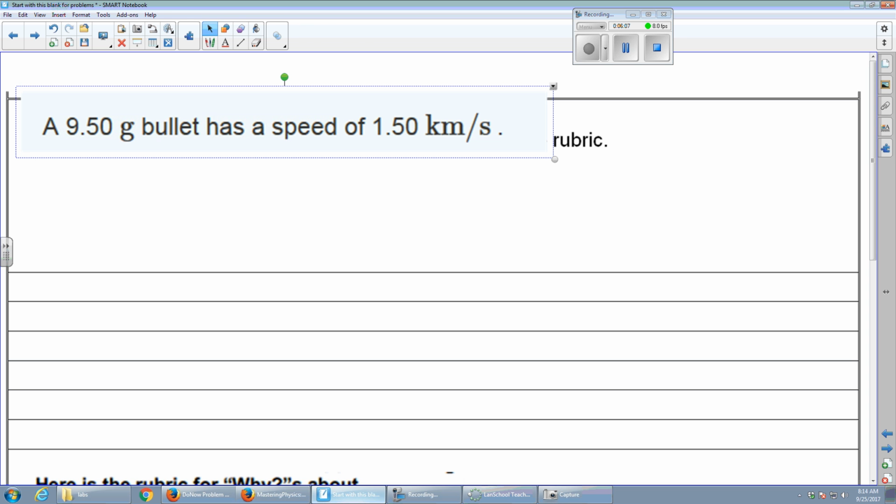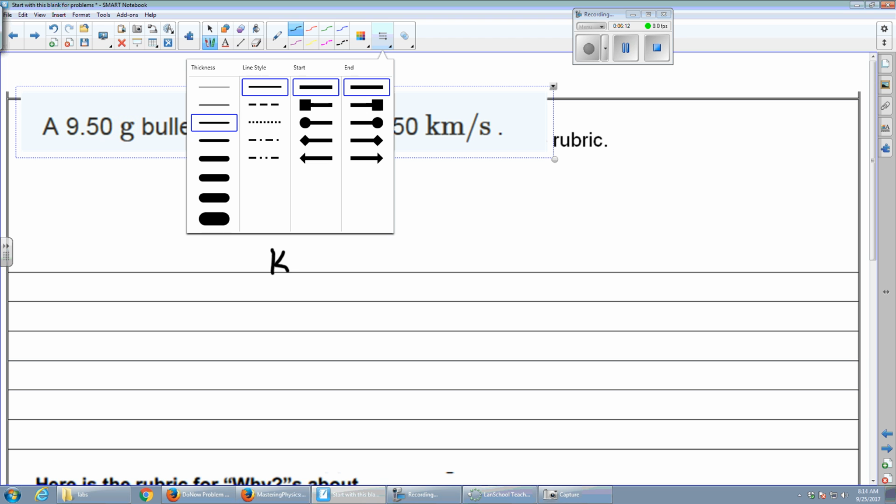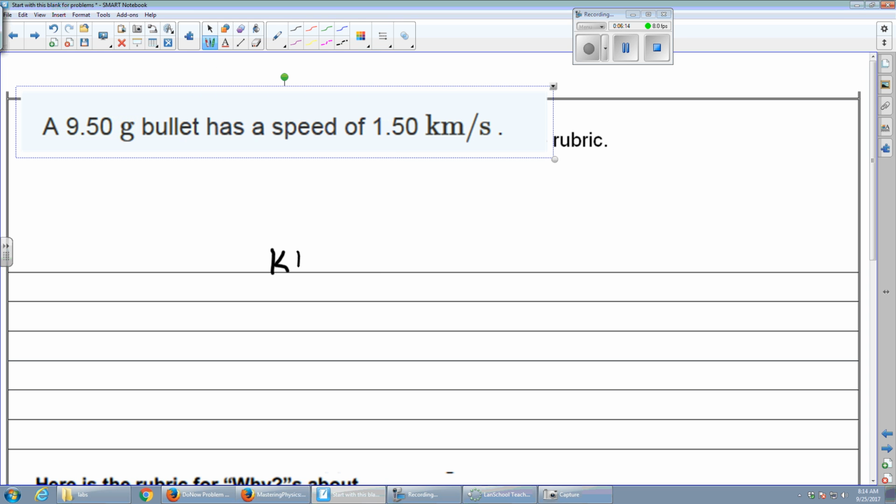All right, so I would start off myself with something like KE is energy of motion. That's really about all I would definitely need in here.